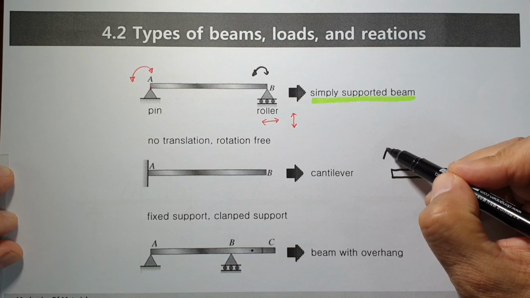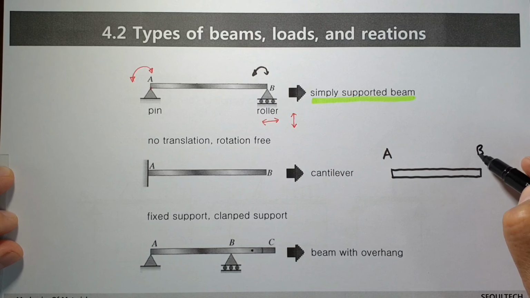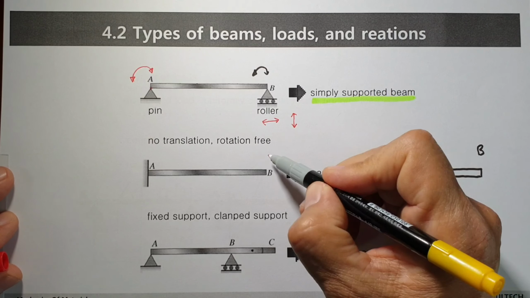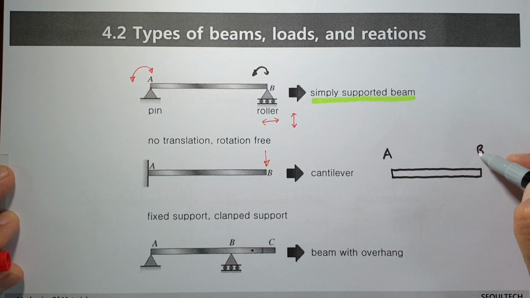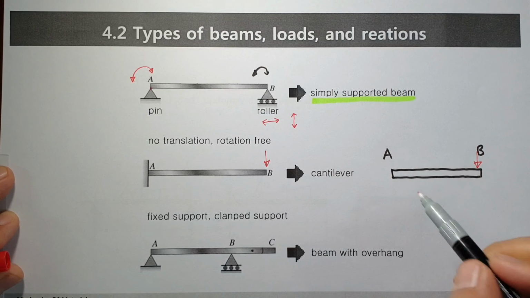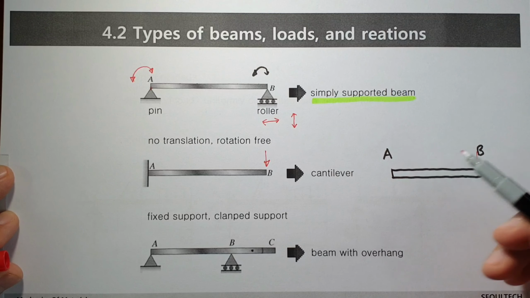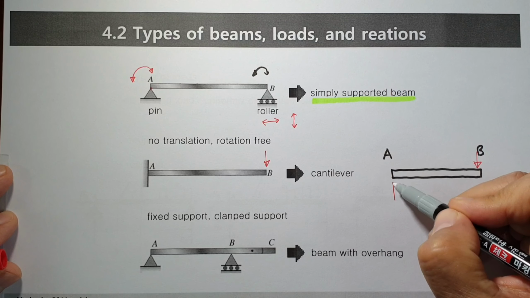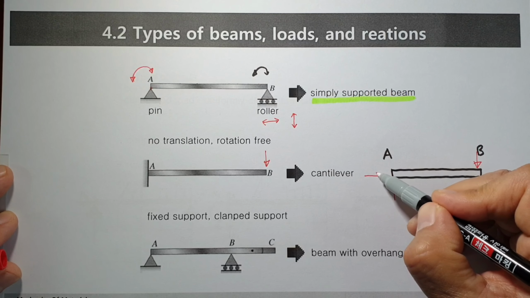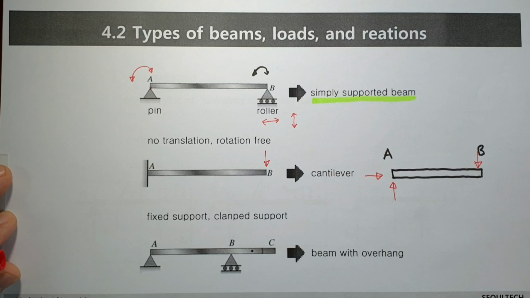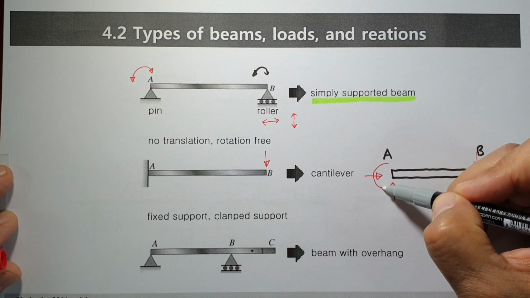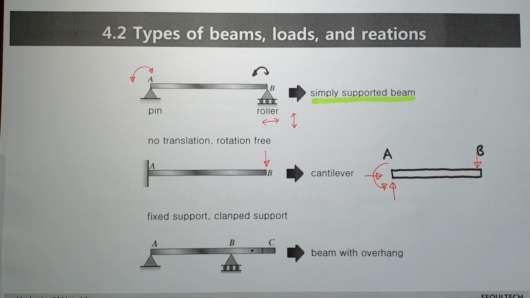On the left side, let's say A. On the right side, let's say B. Let's assume some force is acting like this. If it is isolated, then we can draw a free body diagram. Or you can draw some kind of reactional rotation. Okay, this kind of free body diagram is available.